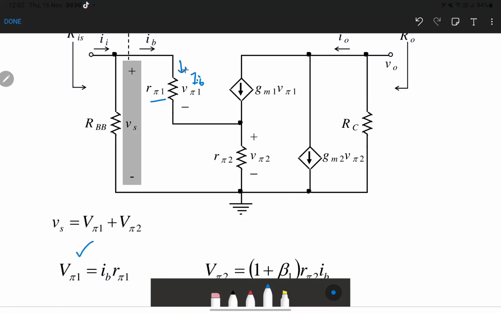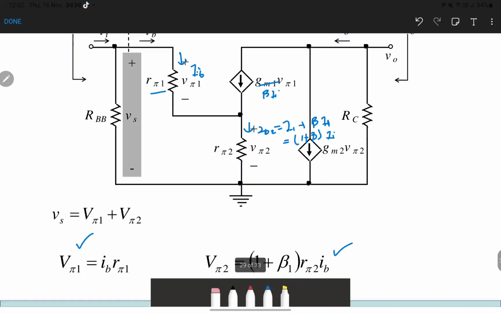So we got V pi 1 and V pi 2. We got the total current inside R pi 2 equal to 1 plus beta, I in plus beta I in. So (1 plus beta) I in times R pi 2.